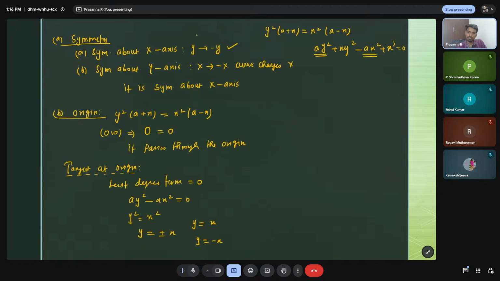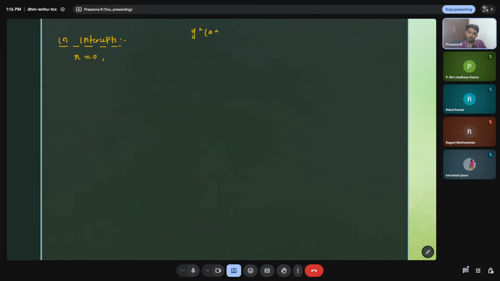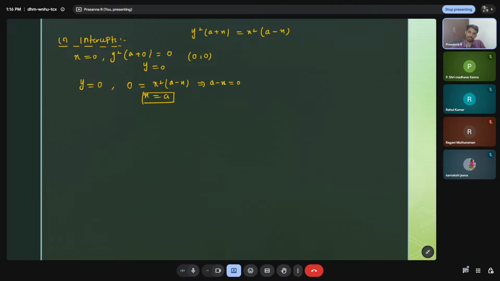So we will find intercepts. You put x equal to 0. So if x is 0, y square into a plus 0 is equal to 0. That means y is 0. So we know already that 0 comma 0 is passing through. When y is 0, x square into a plus x... that means a minus x is 0.